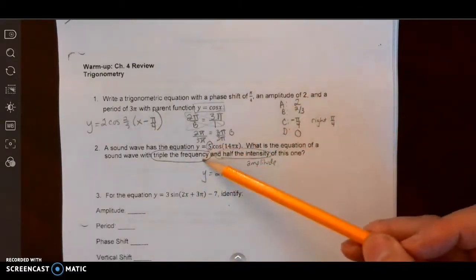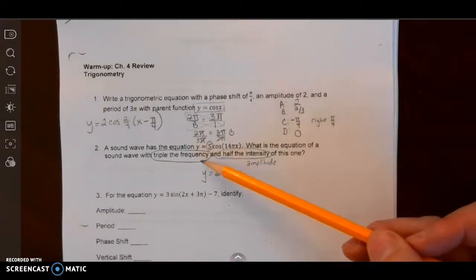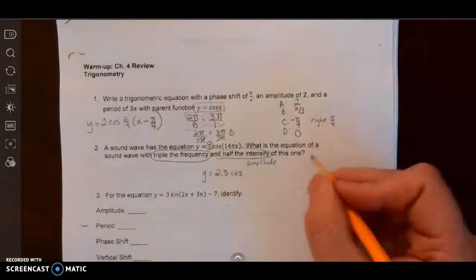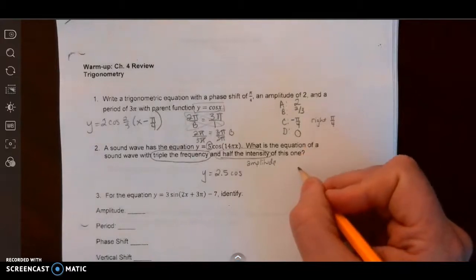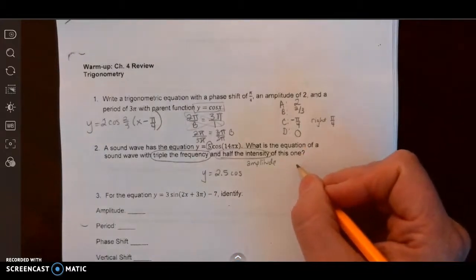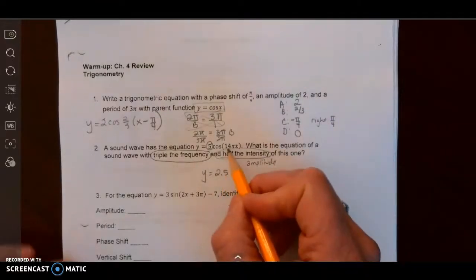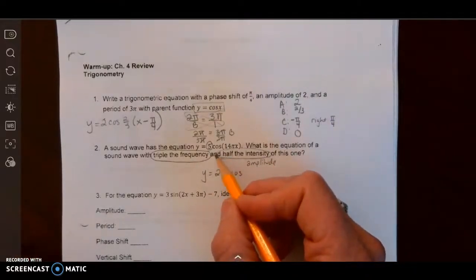And then triple the frequency. Now you might think this says triple, so do we actually divide by 3 rather than multiply by 3? However, frequency is 1 over the period. So since frequency is the reciprocal of the period, then rather than dividing by 3, when we take the reciprocal, we're going to end up multiplying by 3.